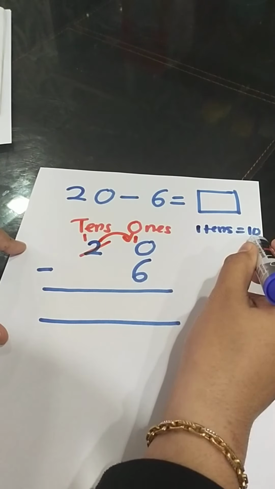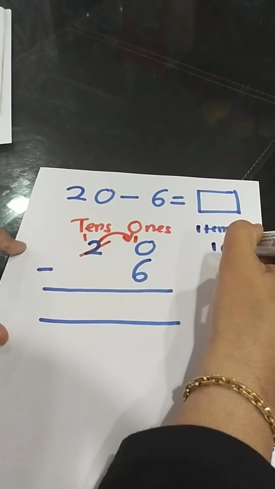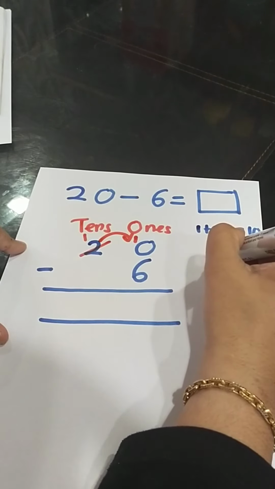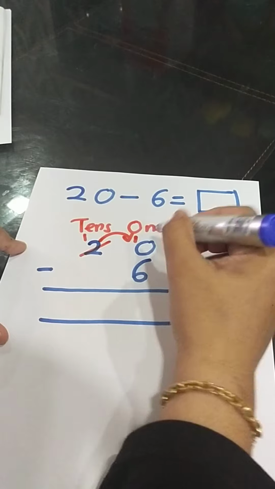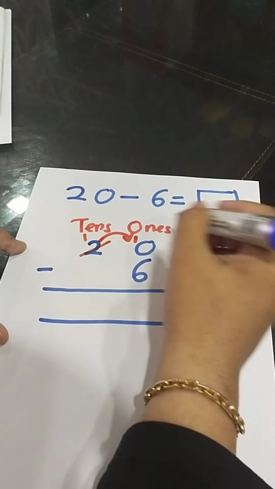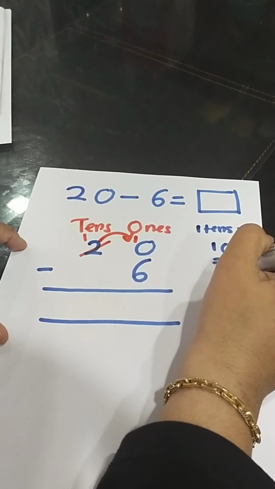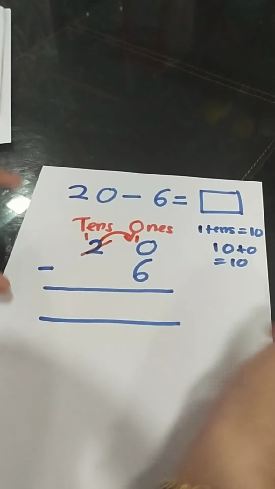Okay, 10 plus 0. So the answer is 10. So total ni nombor ni sebenarnya 10. Okay, 1, 0 ni actually is tens. So dah ada 10 lah kat sini. So dia dah jadi besar. Dah jadi 10.